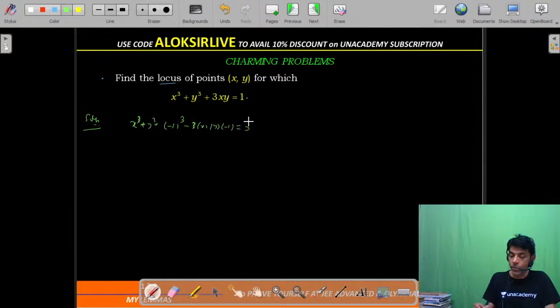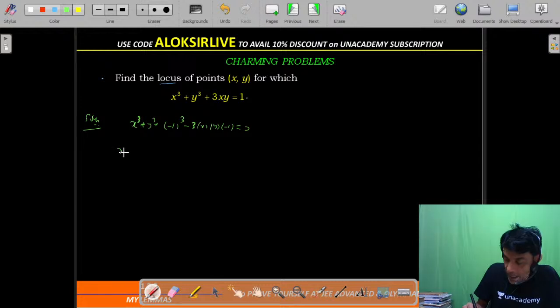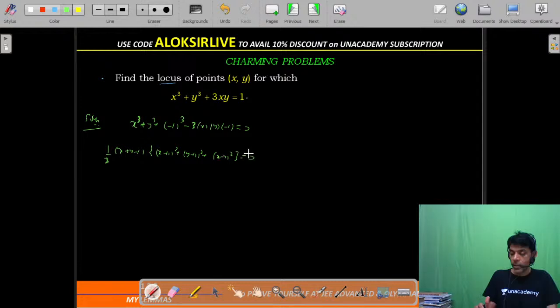So that gives you a factorization, a plus b plus c and half, and write it as a sum of squares. So this is x plus 1 whole squared plus y plus 1 whole squared plus x minus y whole squared equal to 0. This one, the first factor, gives you a line x plus y minus 1 equal to 0.